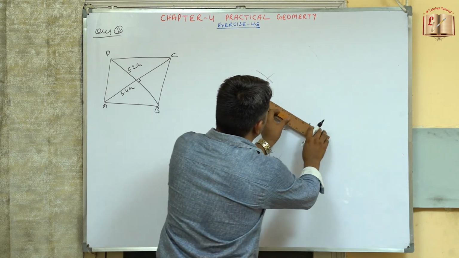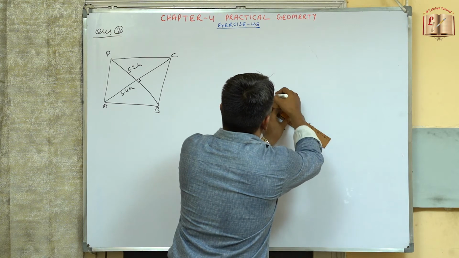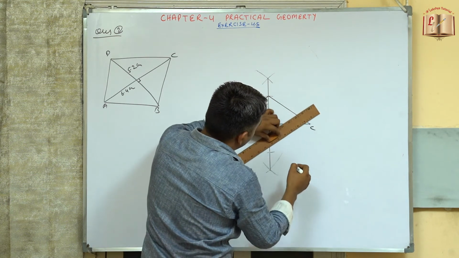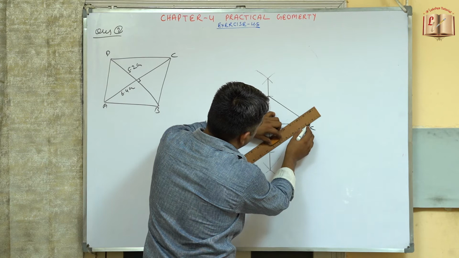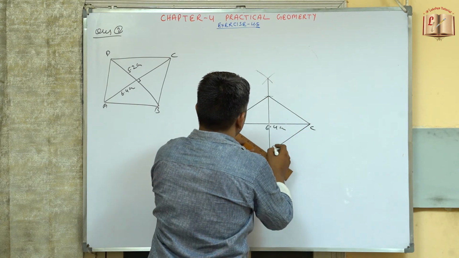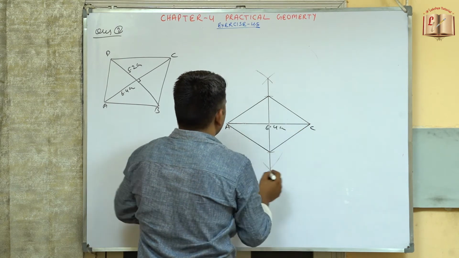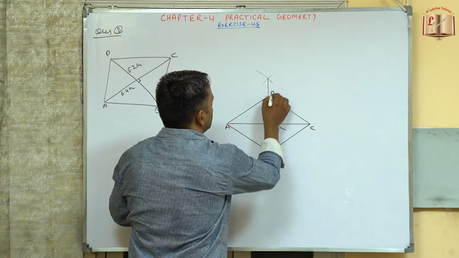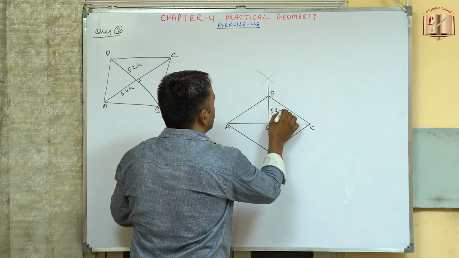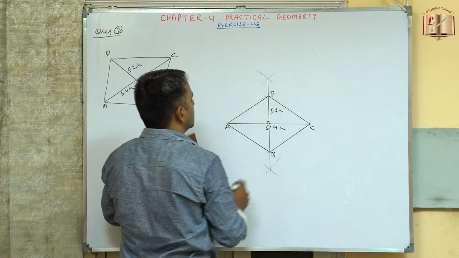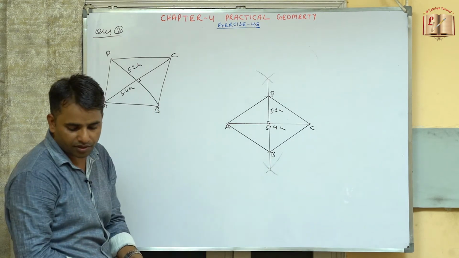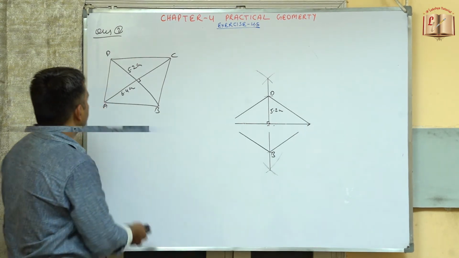So now these are joined. So this is now A, B, C and D. This is now 5.2 centimeters, and here it is 90 degree. So this is the required rhombus for us.